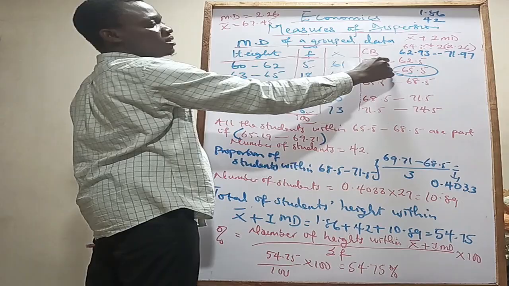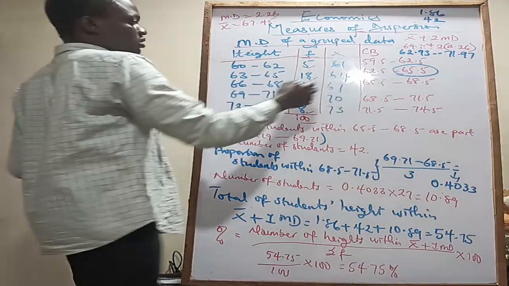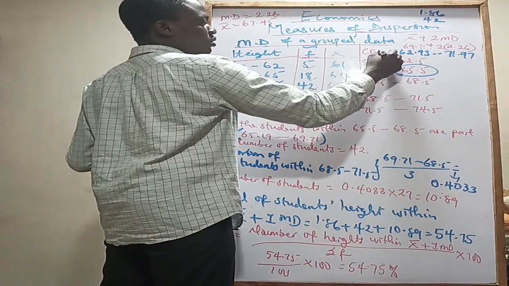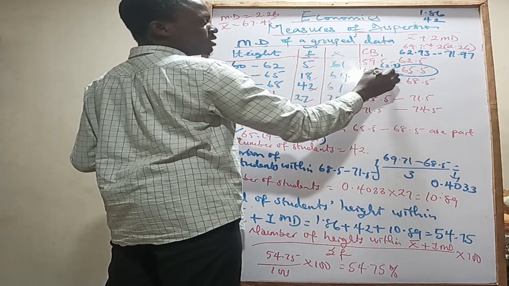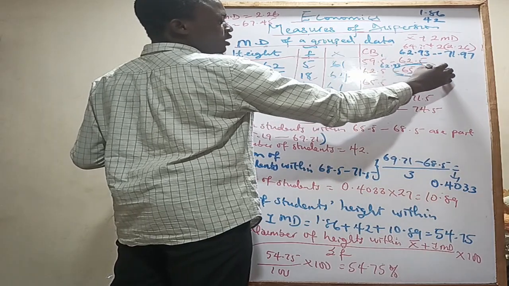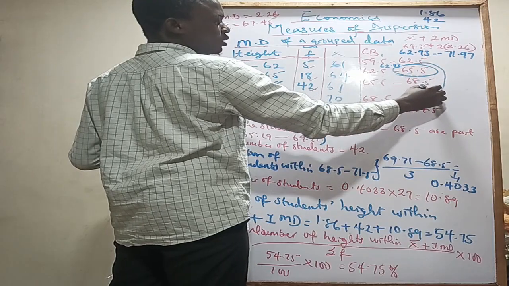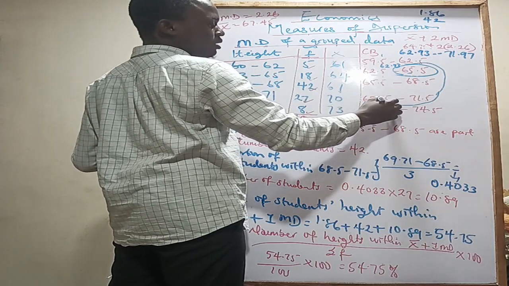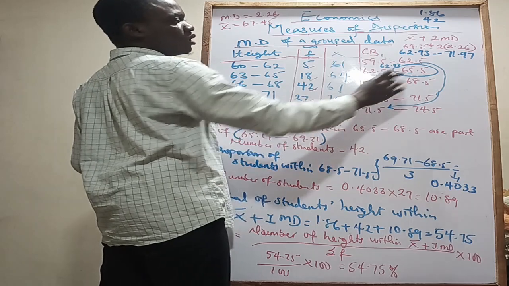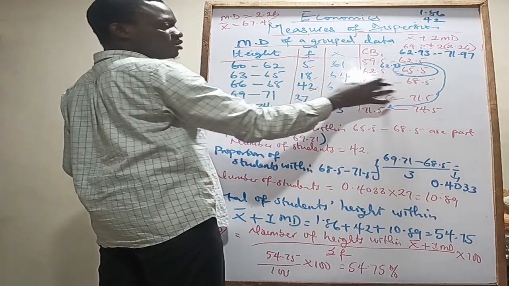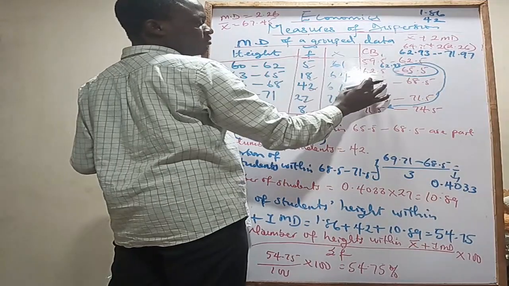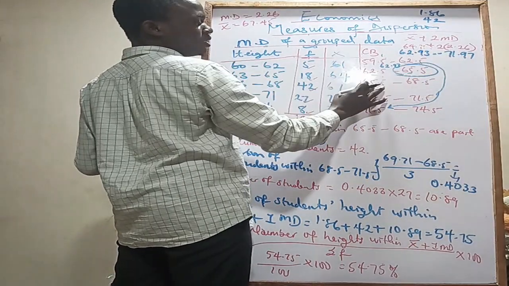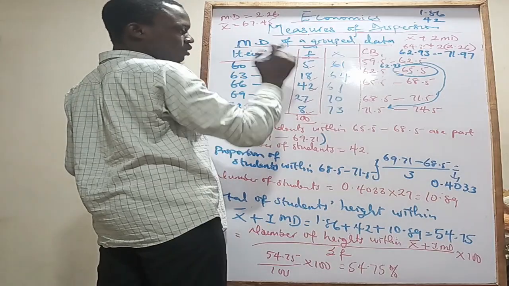It's like you're coming from 62.93 and you keep driving until you get 71.97. All the classes you pass through fully are included in your calculations, so for those you add all the students.